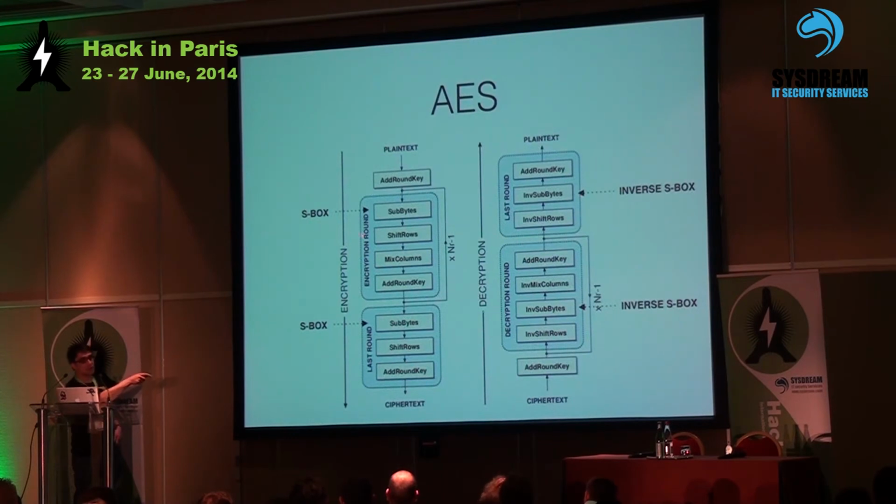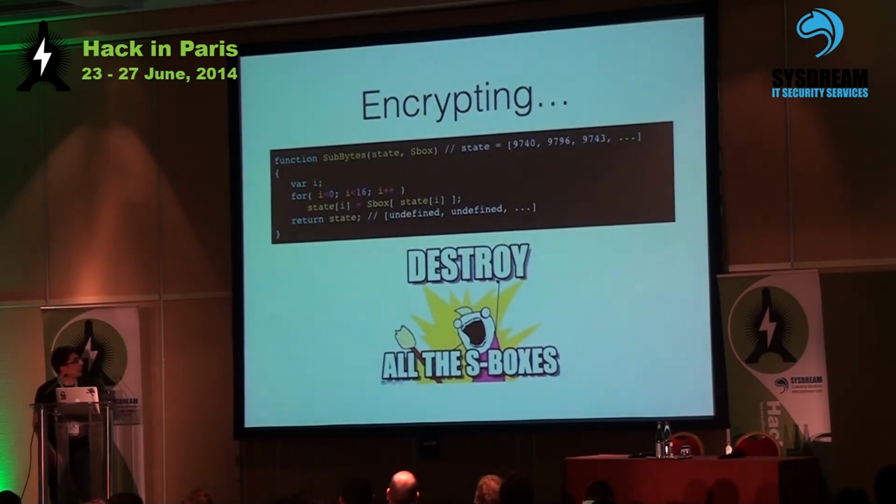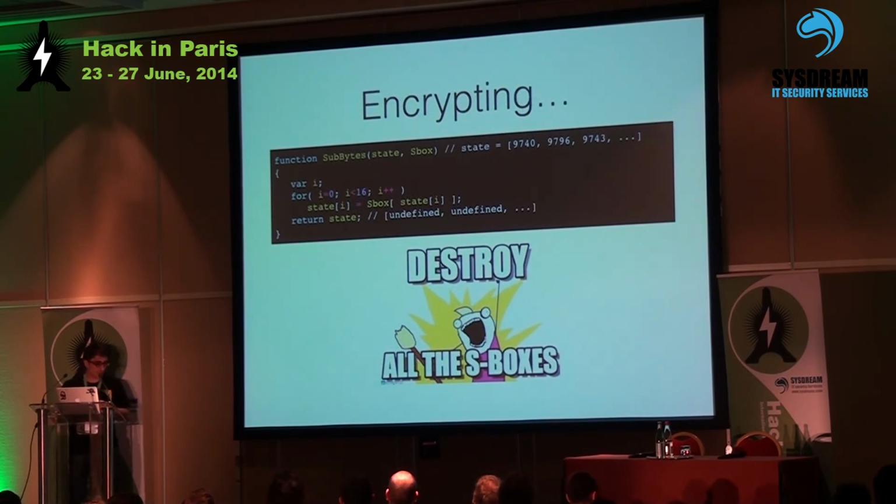This is a constant value, 256 bytes defined in the algorithm. And this one is the inverse box, but we'll talk about it later. So what will happen if you try to encrypt a 16-character string, which is what this library used, but instead of putting in byte values, you put in Unicode values?